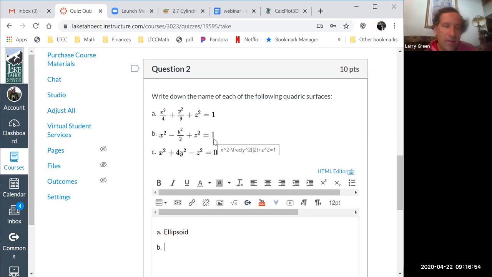So that tells you it's a hyperboloid. Now the question is, how many sheets is this hyperboloid? Is it 1 sheet or 2 sheets? Yeah, it's 1 sheet, because notice that if y equals 0, you actually get a good old-fashioned circle. It has 1 negative here. So this is a hyperboloid of 1 sheet.